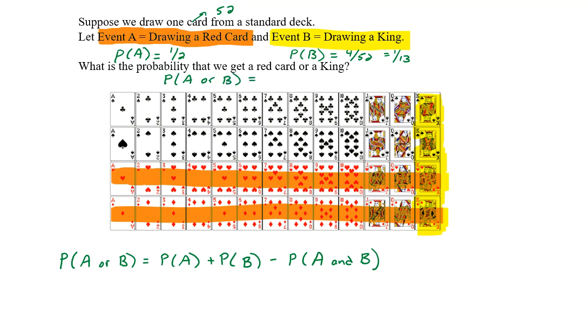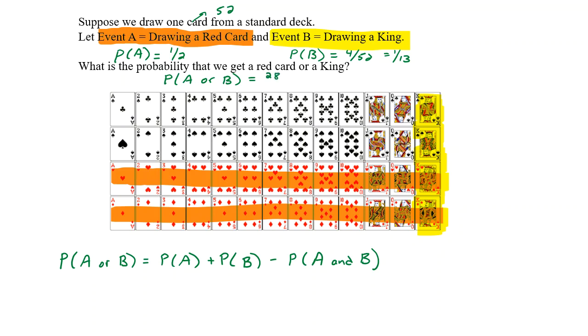But hopefully you see the problem here. If we actually just look at the sample space and count the number of outcomes that have a red card or a king, we wouldn't count these twice, right? We could count, okay, there's 13 plus 13, and then these two more, that's 13 plus 13 plus 2 is 26, 27, 28.